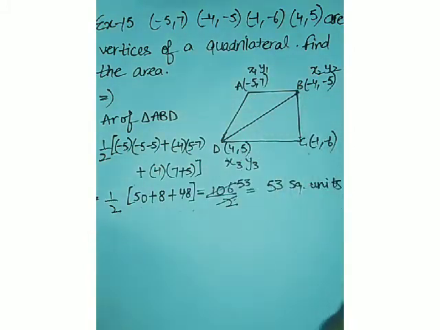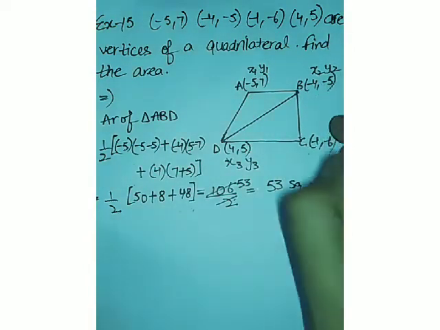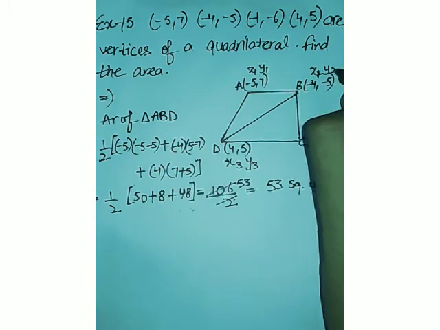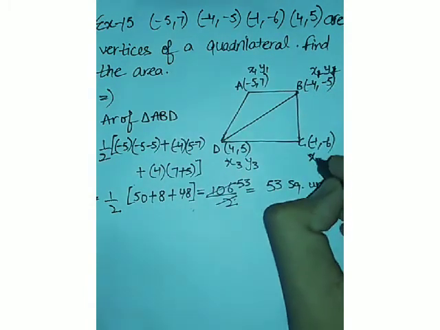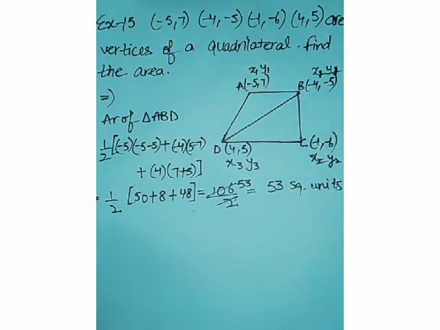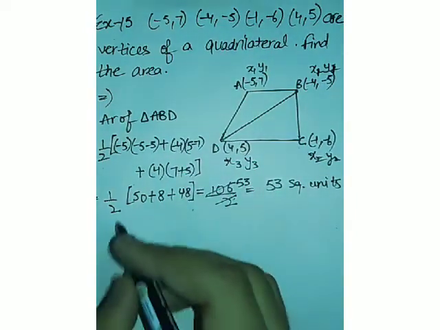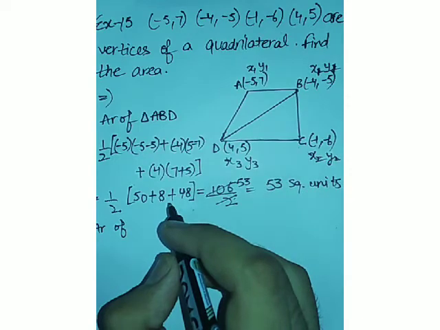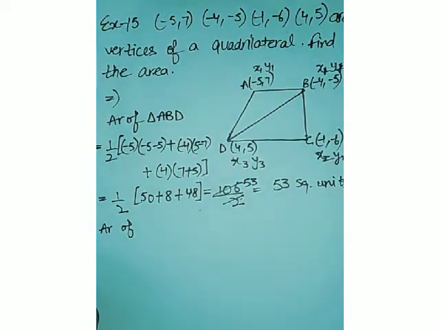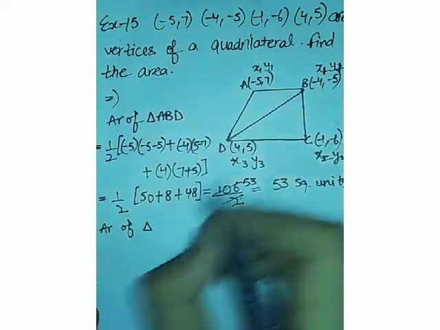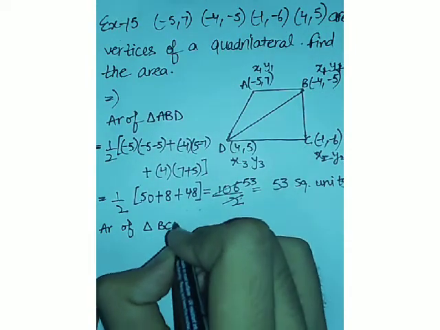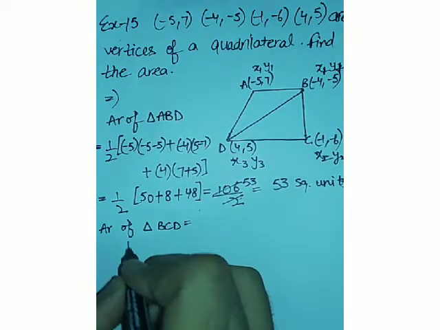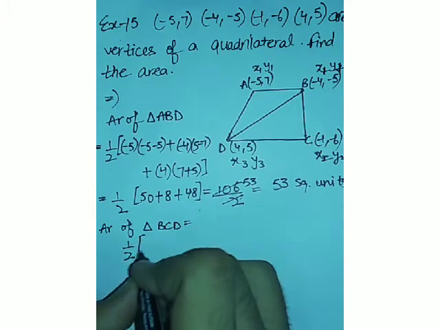Let's find the area of BCD. Now x1, y1 will be this, and this will be our x2, y2. Just find the area of triangle BCD. What will it be equal to? 1 upon 2. What is x1?